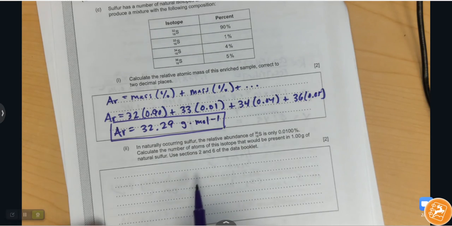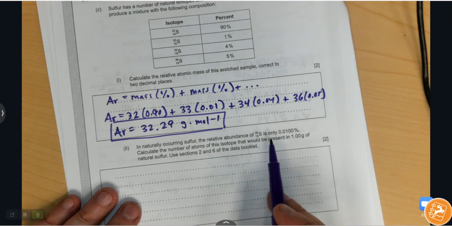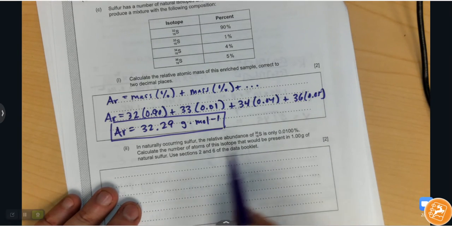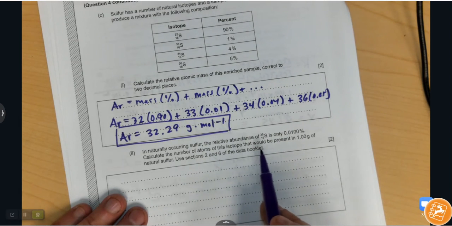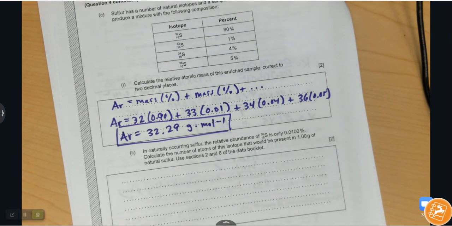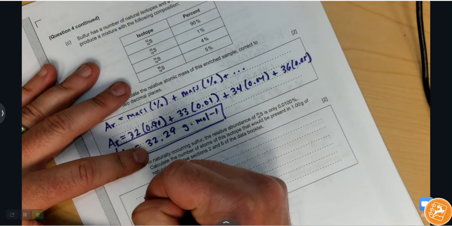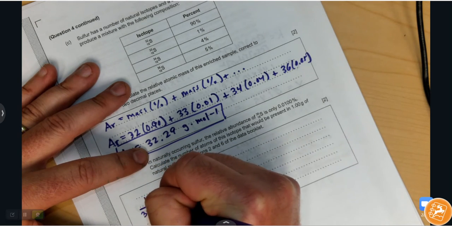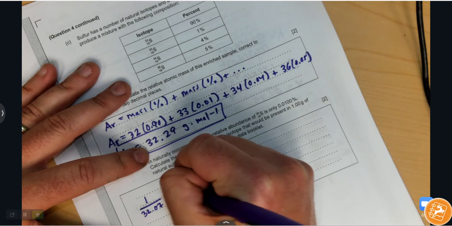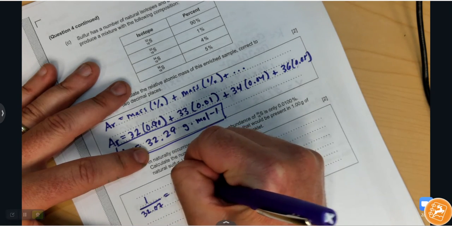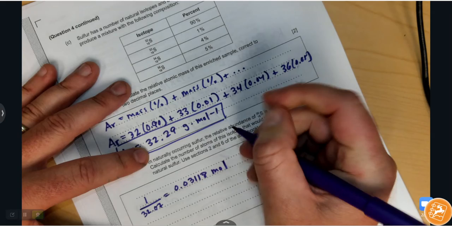In naturally occurring sulfur, the relative abundance of sulfur 36 is only 0.01%. Calculate the number of atoms of this isotope that would be present in 1 gram of natural sulfur. So this is actually pretty snappy, right? All we got to do is figure out the number of atoms in total and then multiply it by 0.01%. So I have 1 gram of sulfur. To find the number of moles, I'm going to divide by the molar mass, which gives us 0.03118 moles.